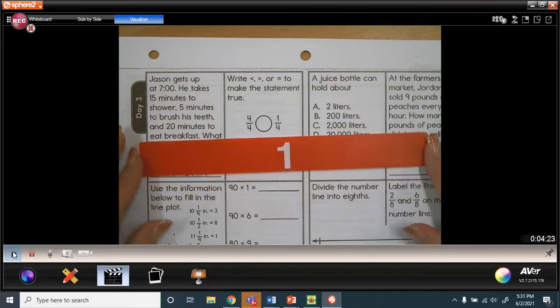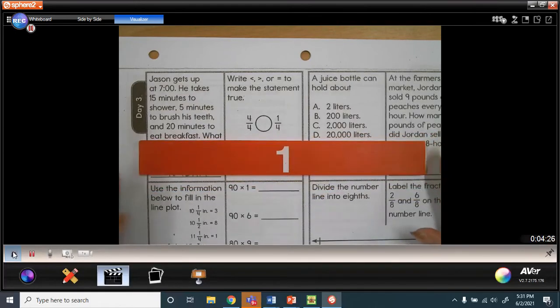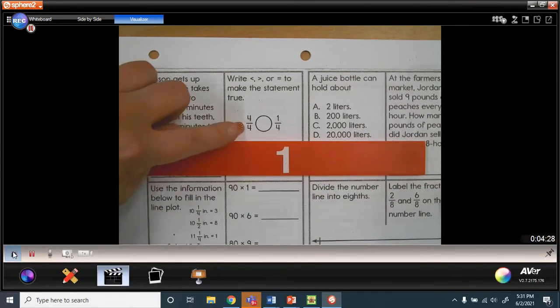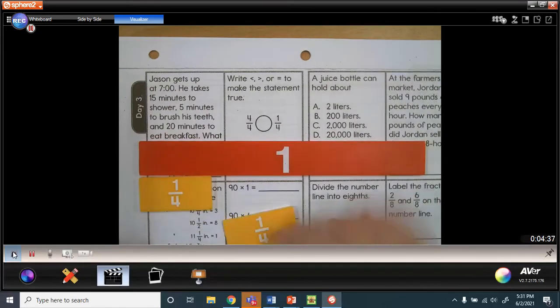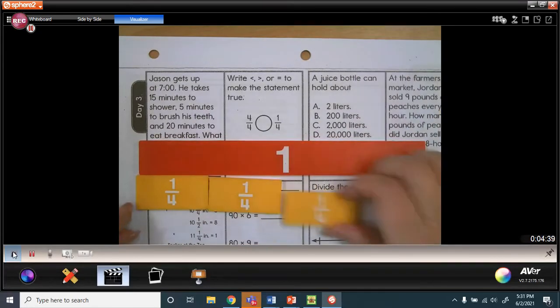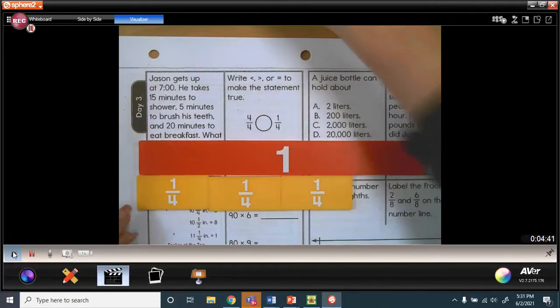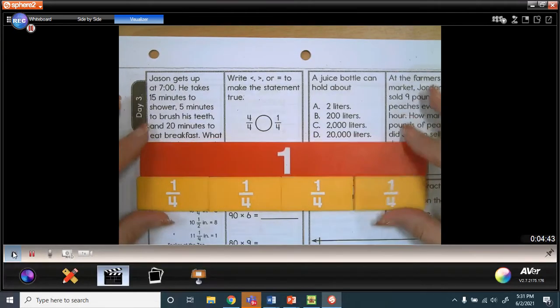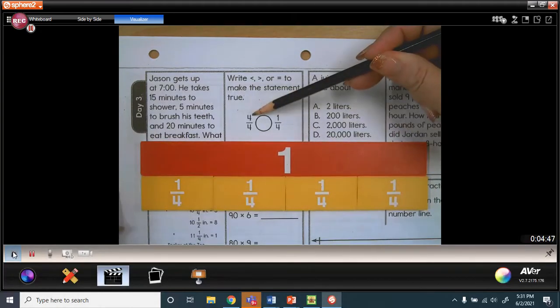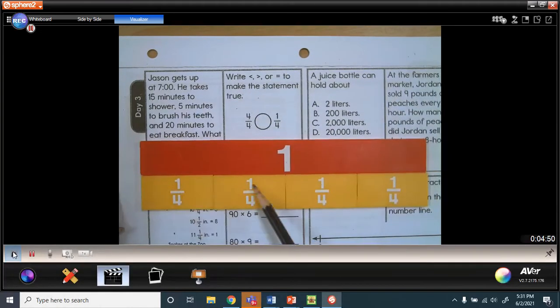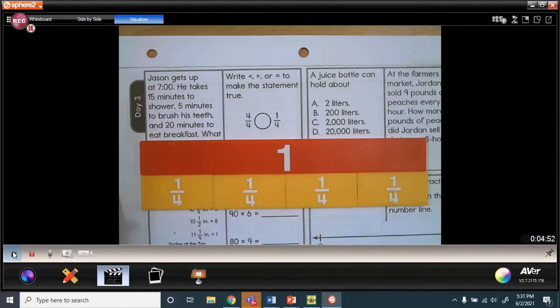And this is my 1 whole, which is 1 over 1 when we start this idea. Now, when we partition my whole into 4 equal parts, each one of these parts is 1/4. But if I have 4 of them, that tells me I have 4 fourths. 1, 2, 3, 4. I have 4 fourths, which is what you notice here is equal to 1 whole.